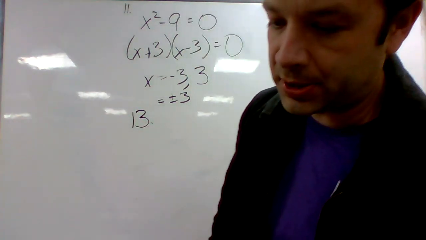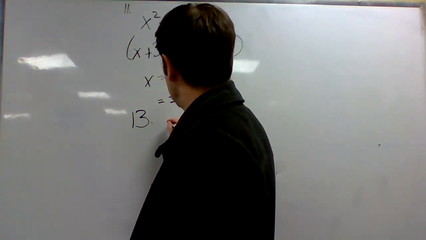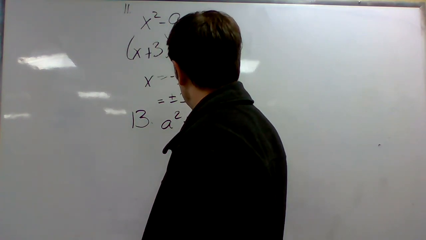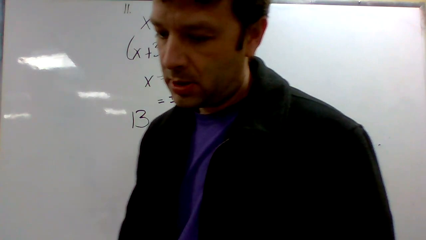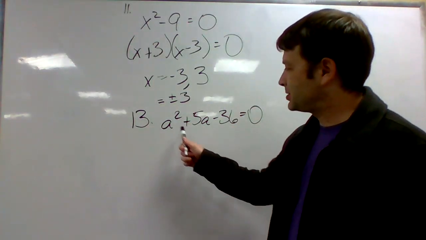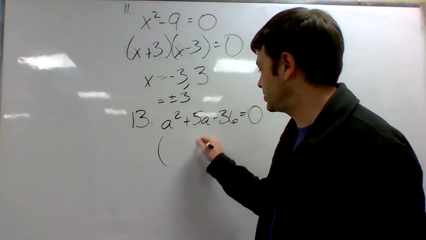Okay, 13, same section. a squared plus 5a minus 36 equals 0. So it's a 3 term, so it's going to be a lot like number 9. Going to do 2 parentheses.